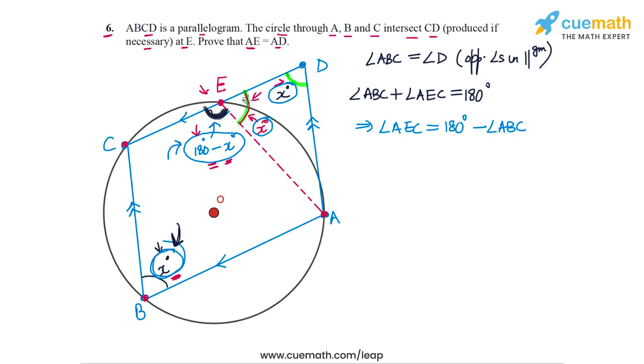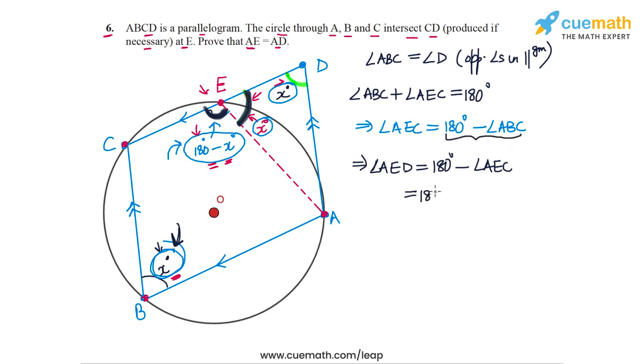And finally, I can make use of the fact that angle AEC and angle AED, this angle, form a linear pair of angles. So angle AED is 180 degrees minus angle AEC, but angle AEC is 180 minus ABC.